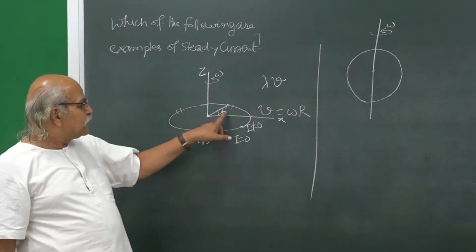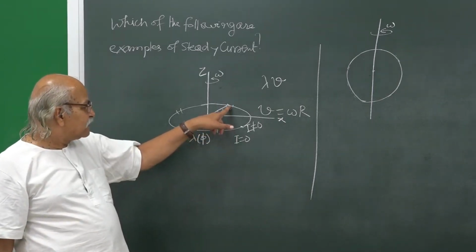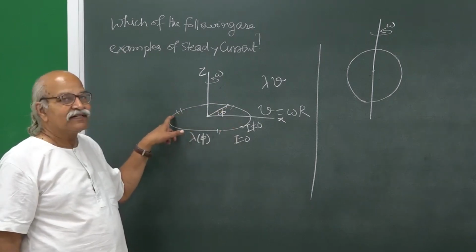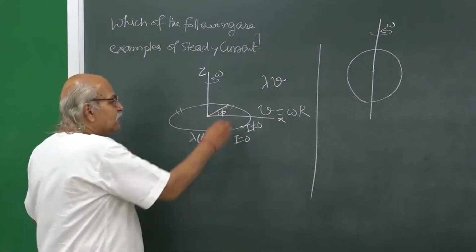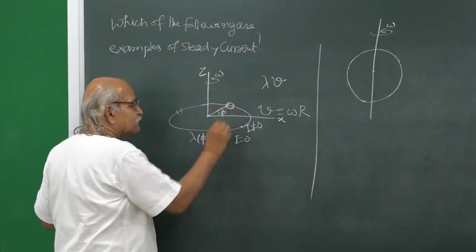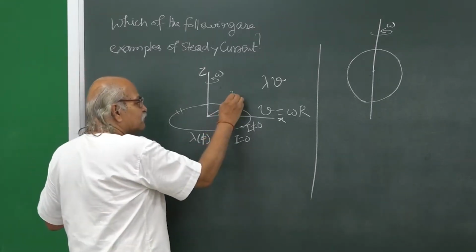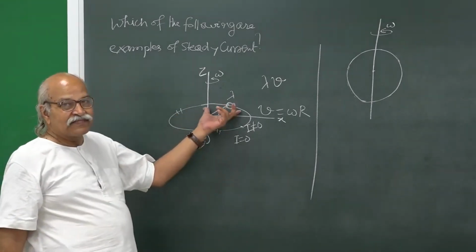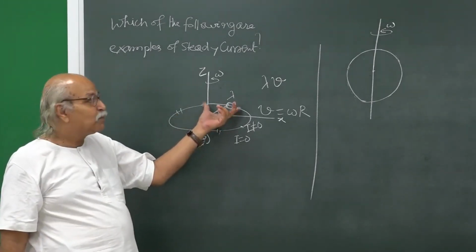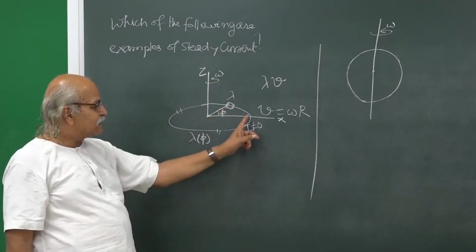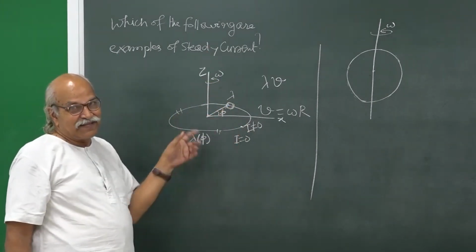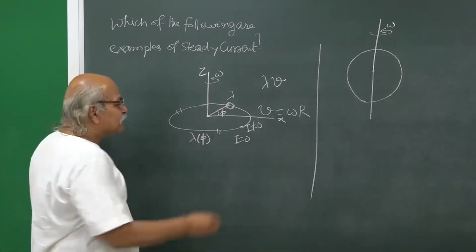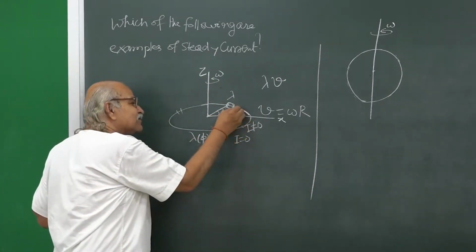So, this lambda depends on phi, lambda is different here, lambda is different here, lambda is different here. If I look at this point, let us say here, there is some lambda which depends on this angle. Now, what happens? The ring rotates about this axis. So, the placing remains at its own place, it is rotating, but then this portion will come here.